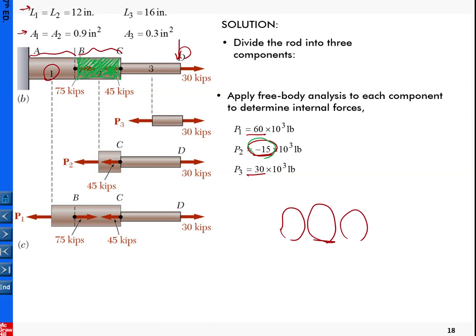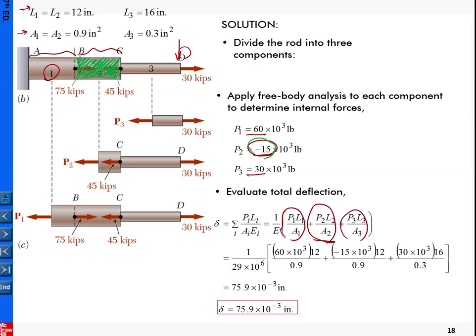The deformation is negative, so here we put a negative. So in this calculation we put together the magnitude as well as the sign. And so that is the delta.